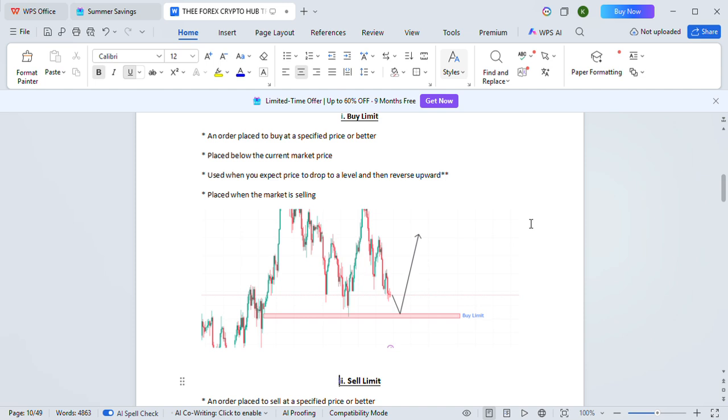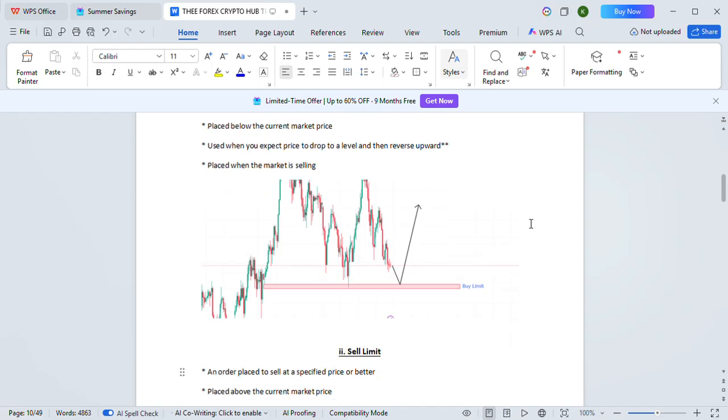You have seen that as I was demonstrating. Used when you expect the price to drop to a level and then reverse upward. So you expect the market will come to a certain level and then go up. That is when you use the buy limit order. Placed when the market is selling, so there's a point you're waiting for it to sell up to, or what we call a support level. So you expect the market to come to a support.